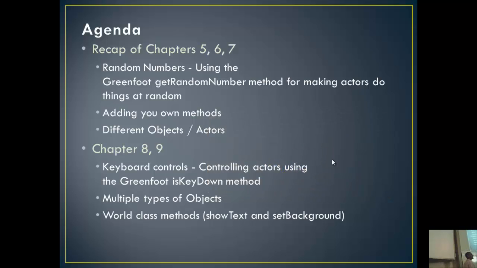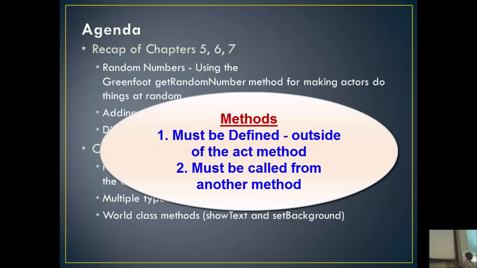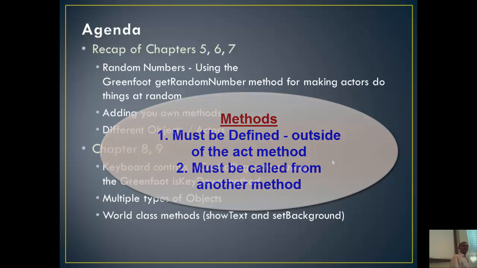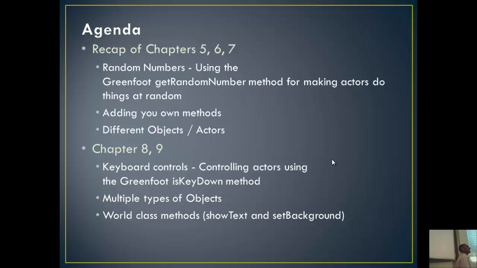There are two things that you need to know about methods. A method must be defined, and it must be formal. Then, on different objects, we spoke about adding an object.